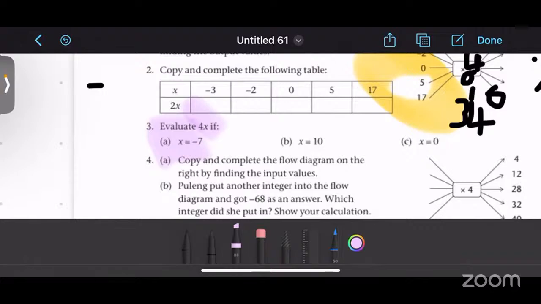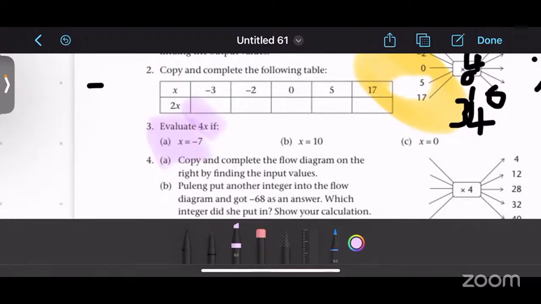So you shouldn't panic when you see something like this if they don't further ask you a direct question, because this is kind of indirect. When you're looking at it, you may be confused. So you're just going to replace the x with the -7.